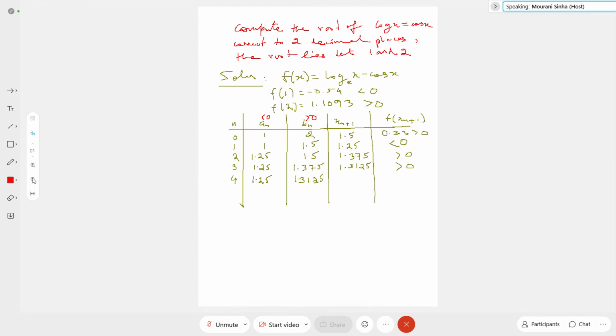Uh, 1.28. Two decimal places. Shrutam, give your answer for two decimal places. That's what is asked in the question.